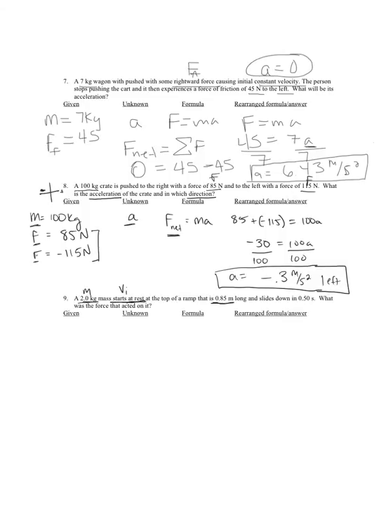I'm sorry, 0.85 meters long. 0.85 meters long means that that's the distance, that's the length or the distance of the board, and slides down in 0.5 seconds, and that's a time. What is the force? So I'm looking for F that acted on it.